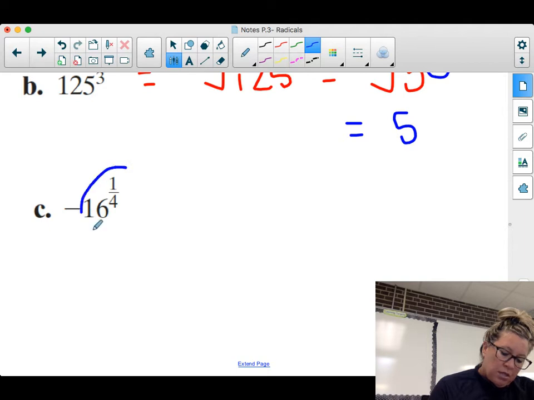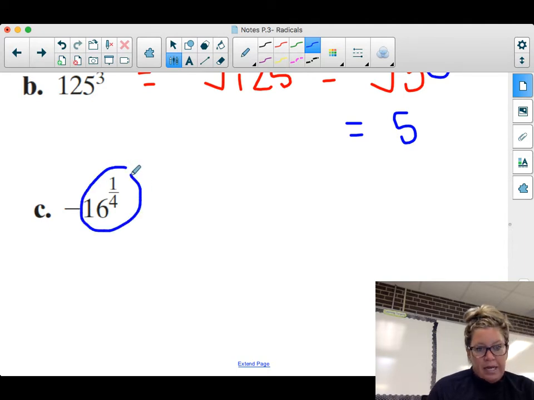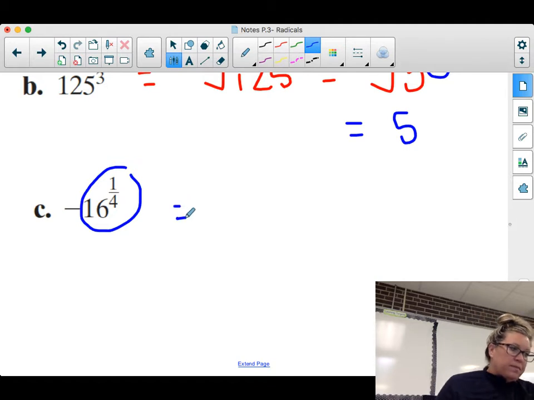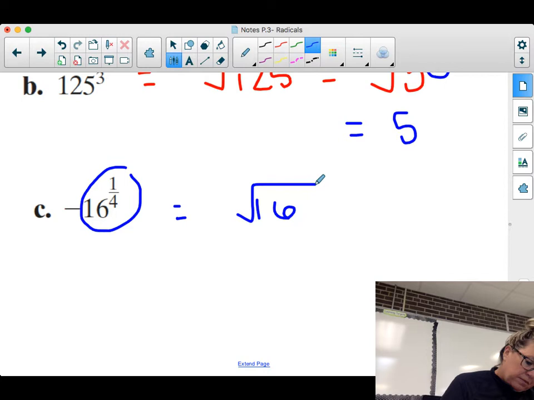All right, example C, negative 16 raised to the 1/4 power. What I suggest that you do is ignore that negative for now and just change that to a radical, the 4th root, and then a negative out in front. Now I'm going to take the 4th root of 16.